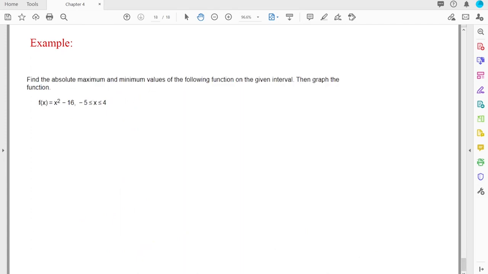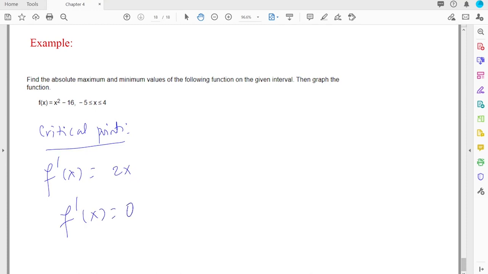So now by using the critical points, we can find the absolute maximum or minimum value of a function like this. Here, first of all, you are given a function, find the critical points. That means find the derivative of this function, which is 2x, and then equate this derivative with 0.